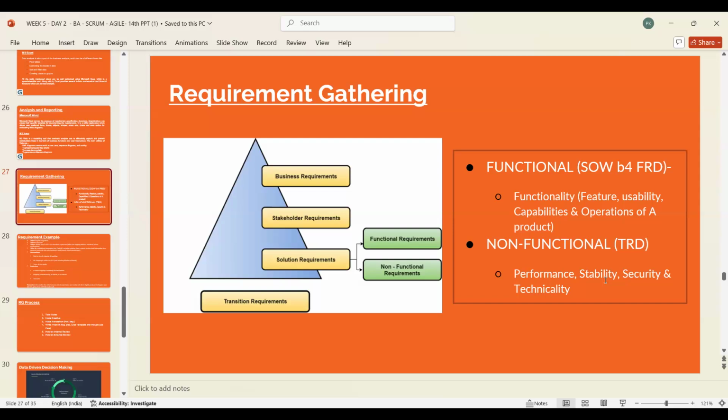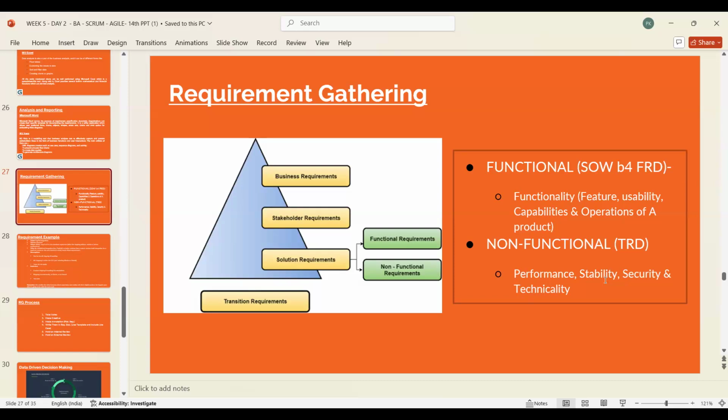Generally, transition means converting or changing some features, or making it better with some additional technical feature, like better security, better functionality.